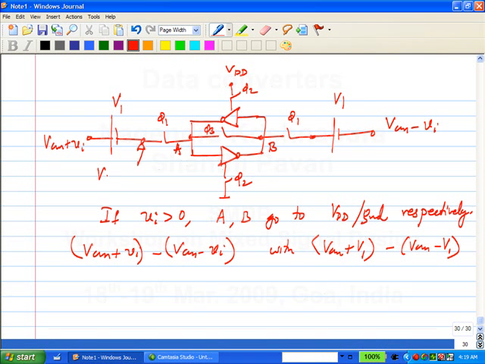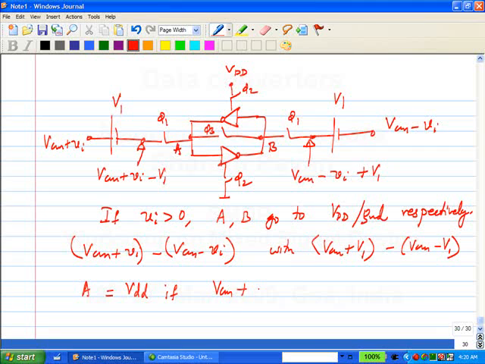VCM plus Vi minus V1. This voltage is VCM minus Vi plus V1. Correct? So now if we use this comparator, what happens? A will be equal to VDD if VCM plus Vi minus V1 is greater than VCM minus Vi plus V1. Correct? Does that make sense?